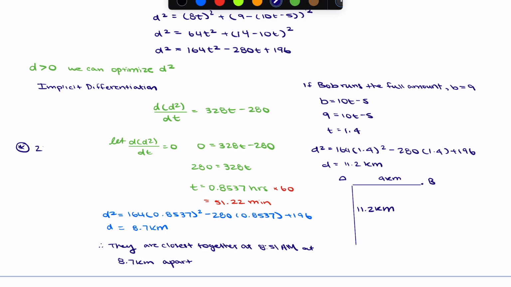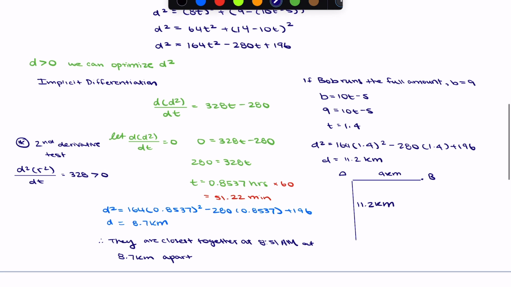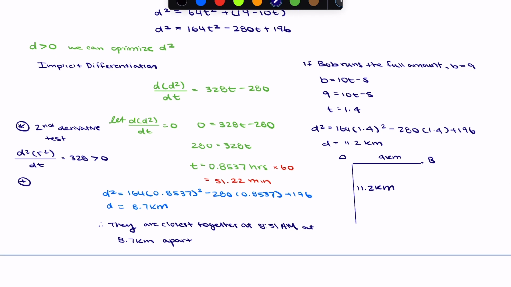And if we wanted to check that, again with our second derivative test, just to double check, we see that the second derivative is equal to 328, which is greater than 0. That means it's positive, and therefore it is concave up, and therefore it provides us with the minimum value, which is what we were looking for here.